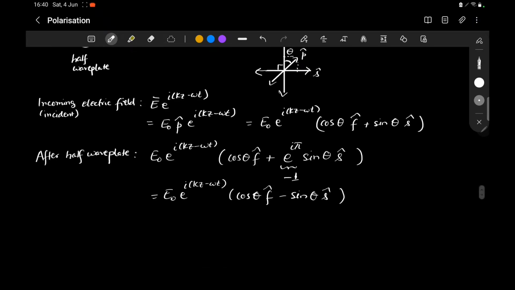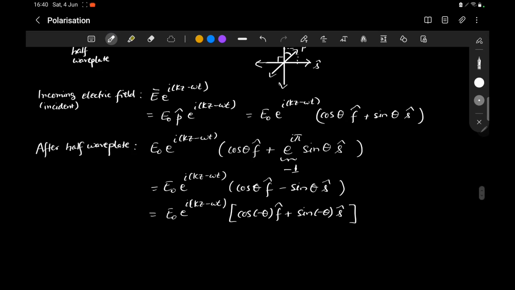Now this can be rewritten in a slightly different manner. We know that cos of negative theta is cos theta itself, and sine of negative theta is minus sine theta.